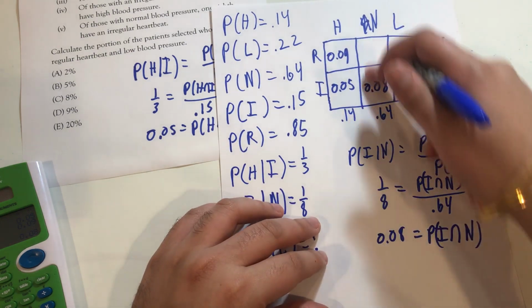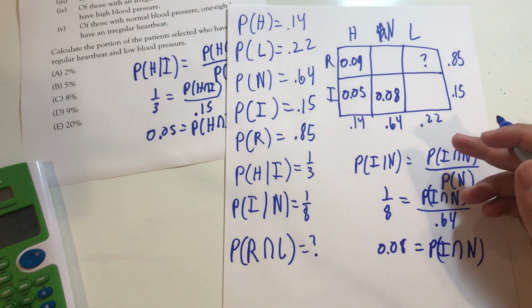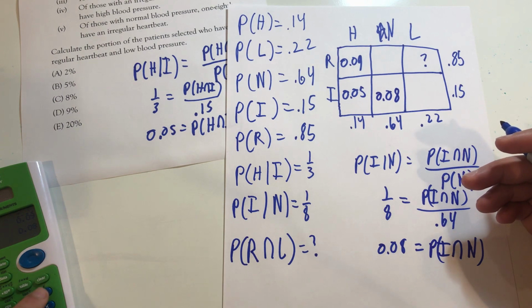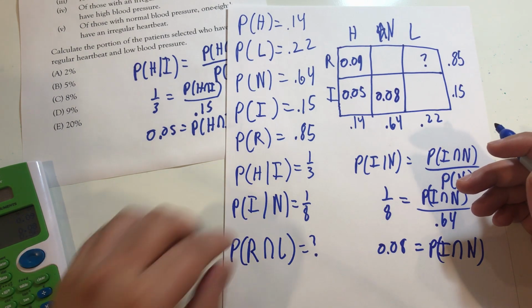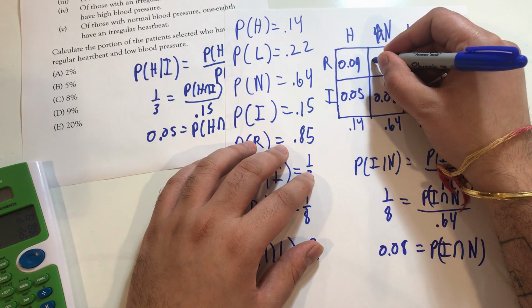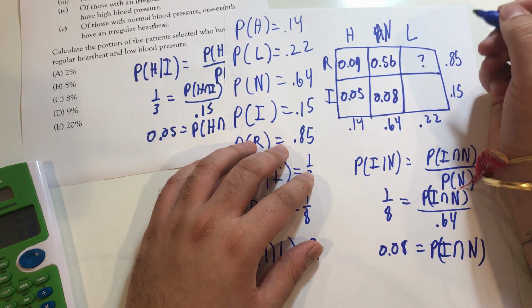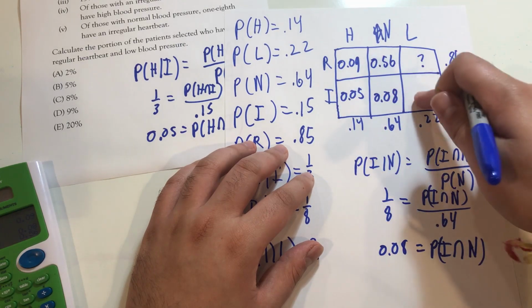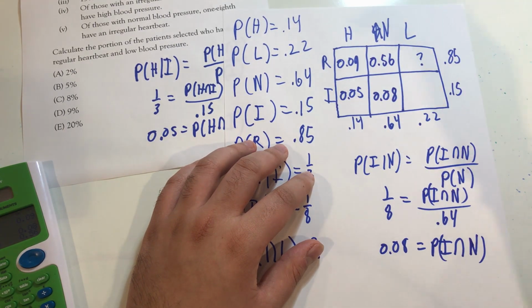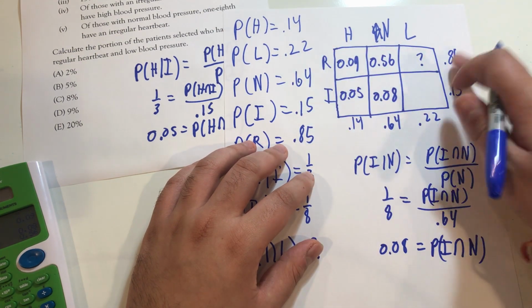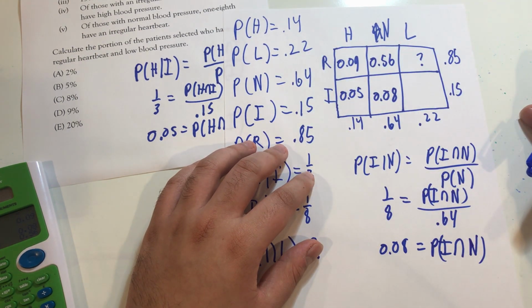Since this whole column should add up to 0.64, I can simply subtract the 0.08, and this should be 0.56. Now this is what we're looking for. We could also find this, it's not necessary, but this whole row should add up to 0.85.